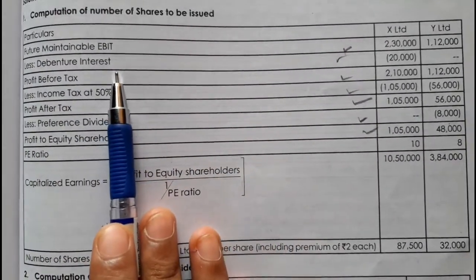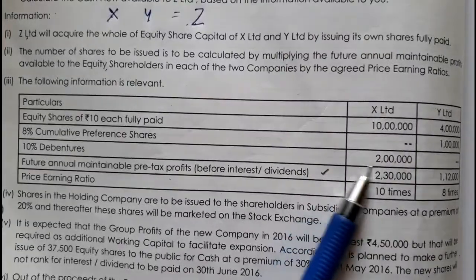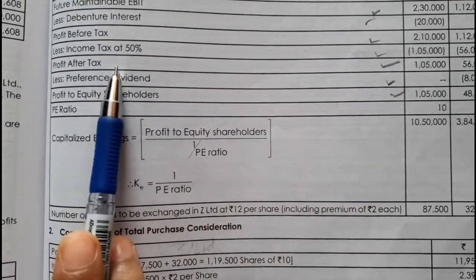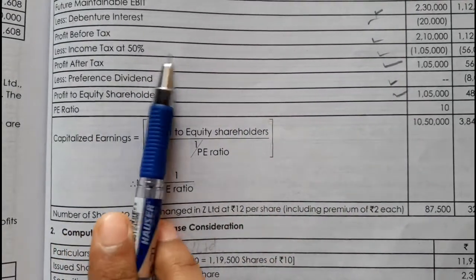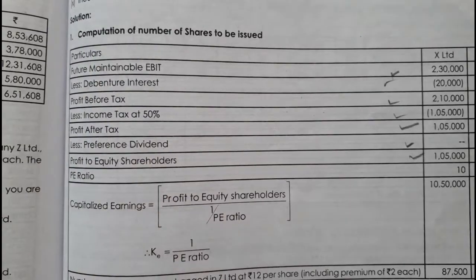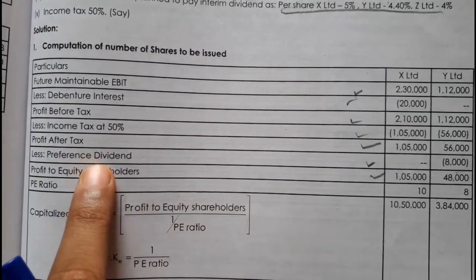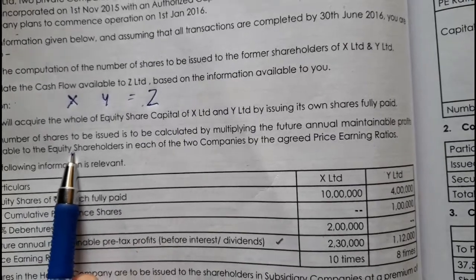Later we have to pay the debenture interest, that is 10% on 2 lakh, which is 20,000. So we'll get profit before tax, now 2,10,000. We'll reduce the tax at 50%, which has been given in the third line of the question. Later we'll pay the preference dividend, because we have to find the profit for equity shareholders.